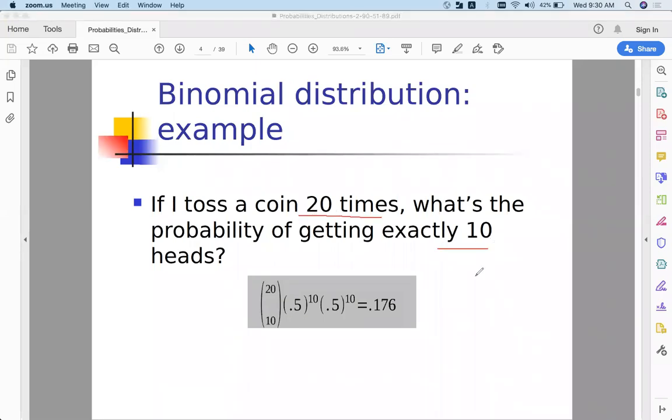Correct, so 20 will come. Whatever bigger number will come on the top. This is illegal, by the way, because 10C20 would need 10 minus 20 factorial, which is wrong. Don't get confused. So the answer is 20C10, 20 factorial on the top divided by 10 factorial times 10 factorial.